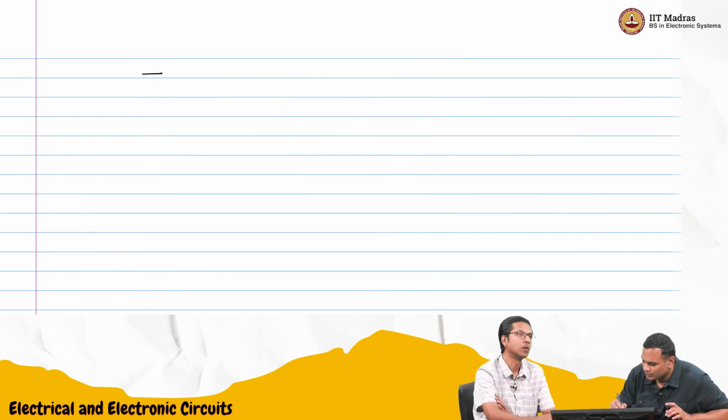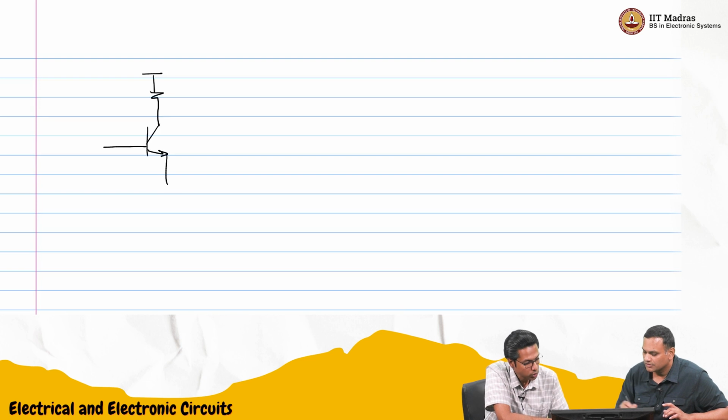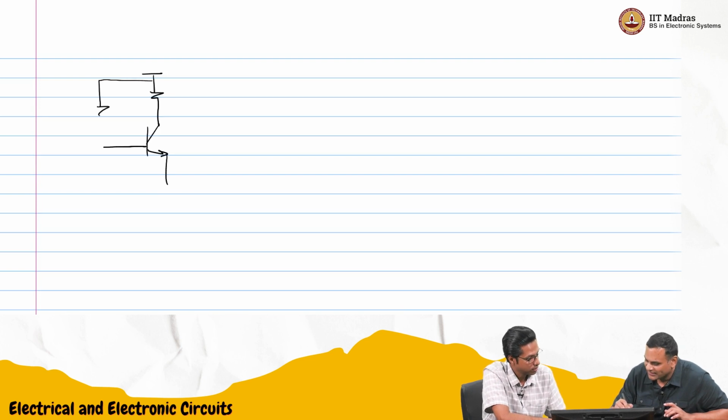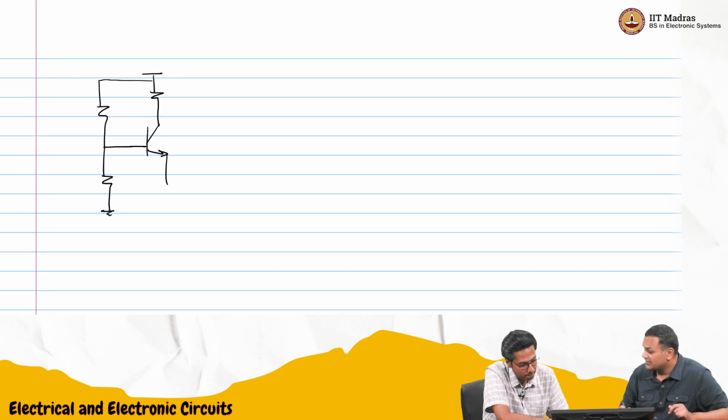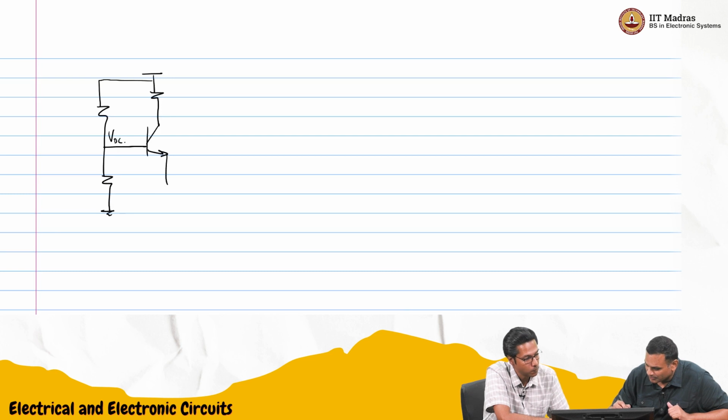So what I will do, now the base can be grounded. So this gives me the voltage that we want, VDC, and we wanted to add a current source, same as we did before, some I naught.